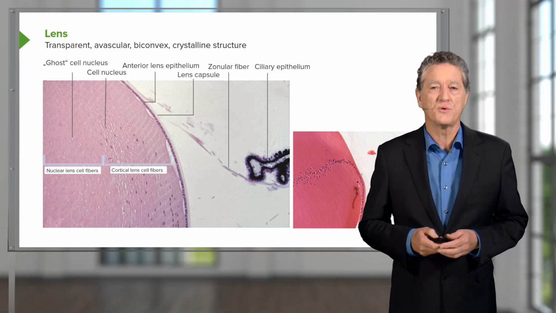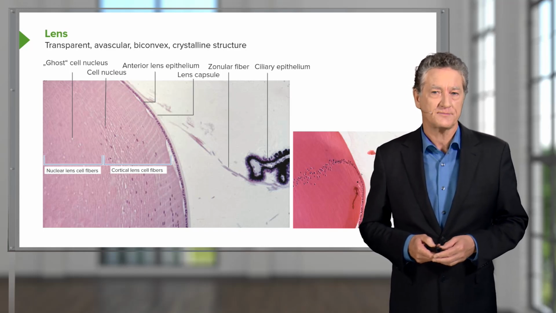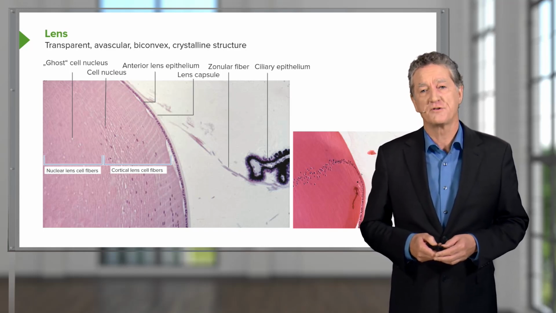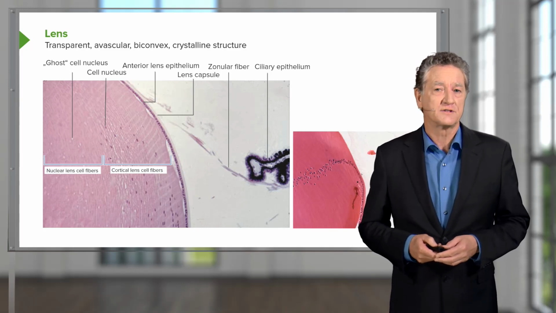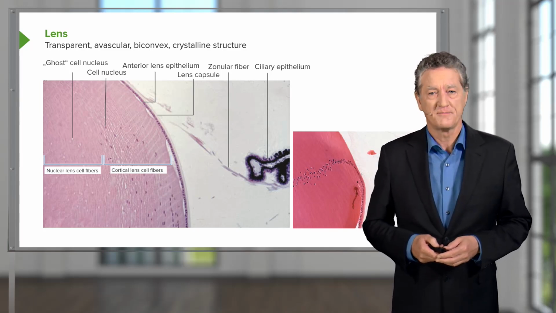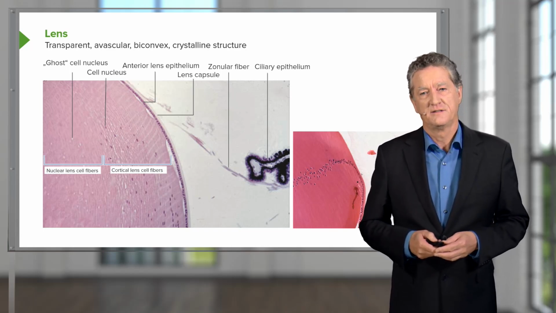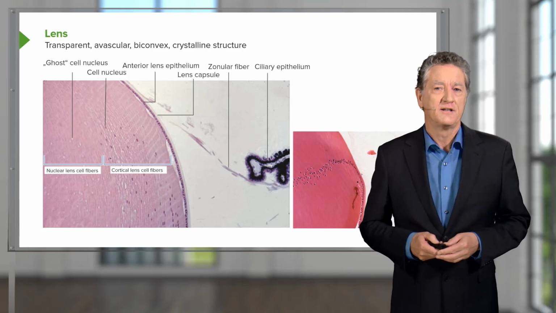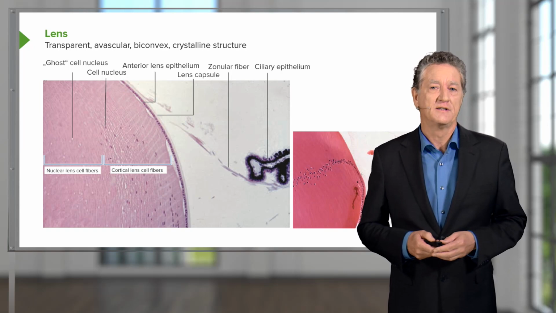And as they move towards the centre, they also accumulate the protein crystallins. These lens fibres are produced regularly. They consist of type 4 collagen, and it's very elastic. And that elasticity changes with age. It gets reduced as we get older.